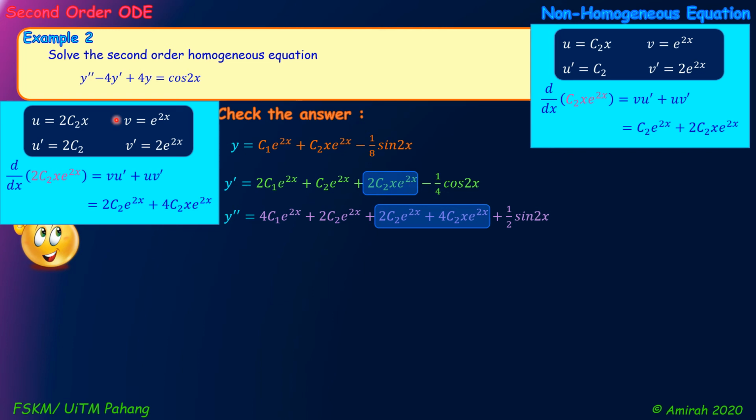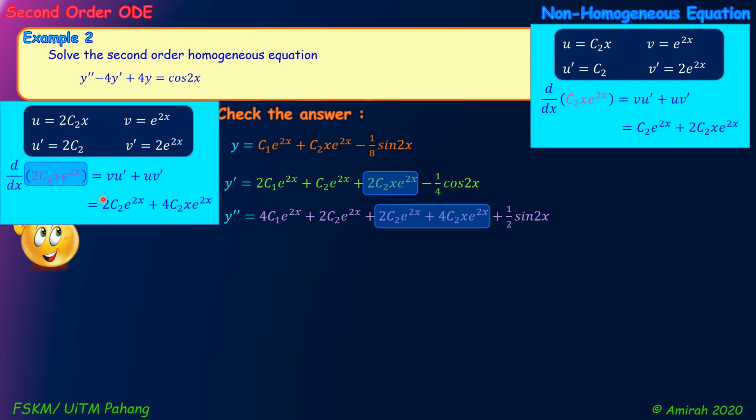Then from u, we differentiate to find u prime. So we differentiate 2C2x, we get 2C2. And then we differentiate v, we get v prime. We differentiate e to the power of 2x, we get 2e to x.